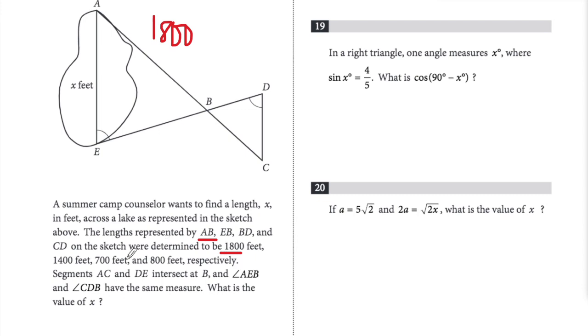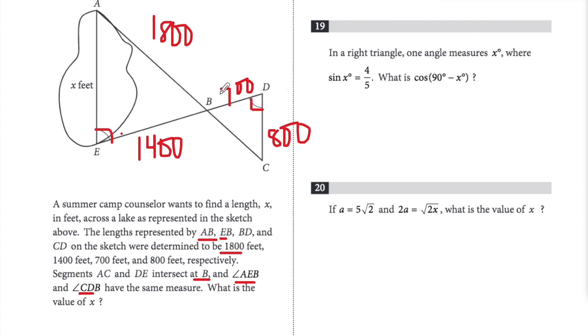Then we know EB is 1400, and BD is 700, and CD is 800, respectively. Now segments AE and CD intersect each other at B. So AB and CD have the same measure, so I'm basically saying this has the same measure as this.